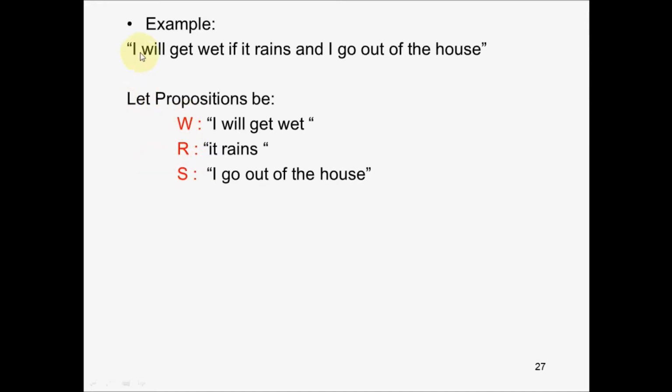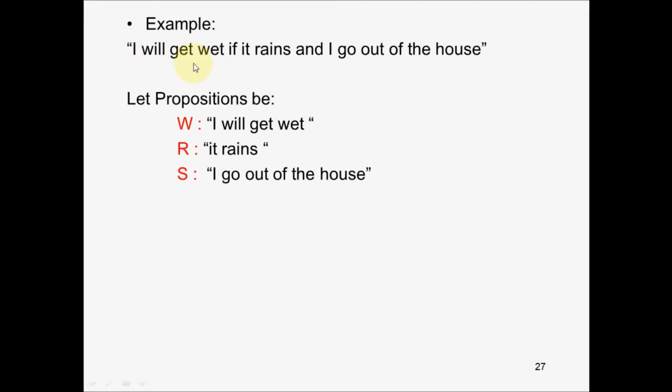And now to represent this full sentence, with its connectives, that is if, and so on, I will have to make use of the rules that we have seen in the previous lecture. So carefully observing this sentence, you will realize that the implication of this is that I will get wet.